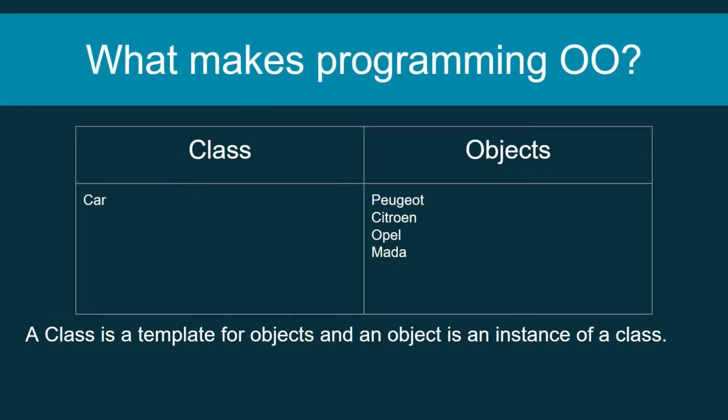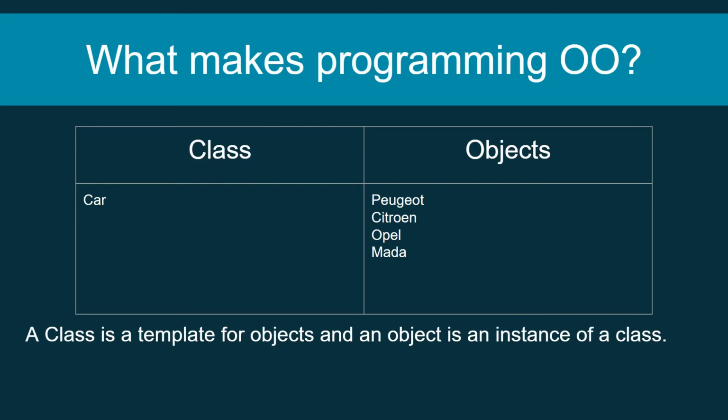What makes a programming language object-oriented? So in object-oriented programming, you have a class. And what is a class? A class is a template for objects, and an object is an instance of a class.